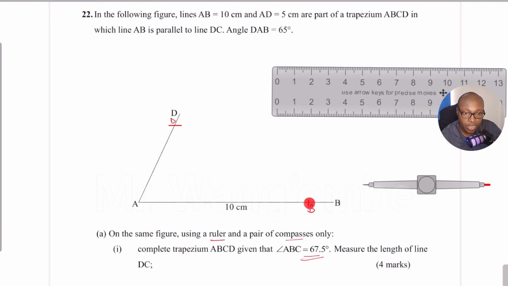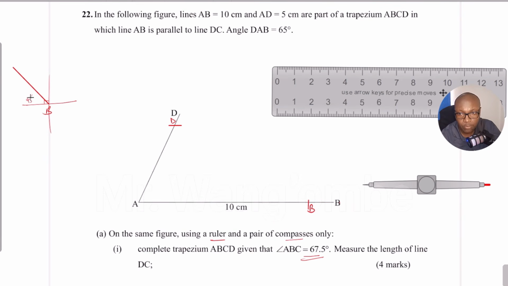How do you construct 67.5 degrees using a ruler and a pair of compasses? Now, there are several ways you can use to get 67.5. I will specifically construct 90 degrees at B, and after constructing the 90 degrees at B, I will bisect it. If I bisect 90 degrees, I'll get 45.